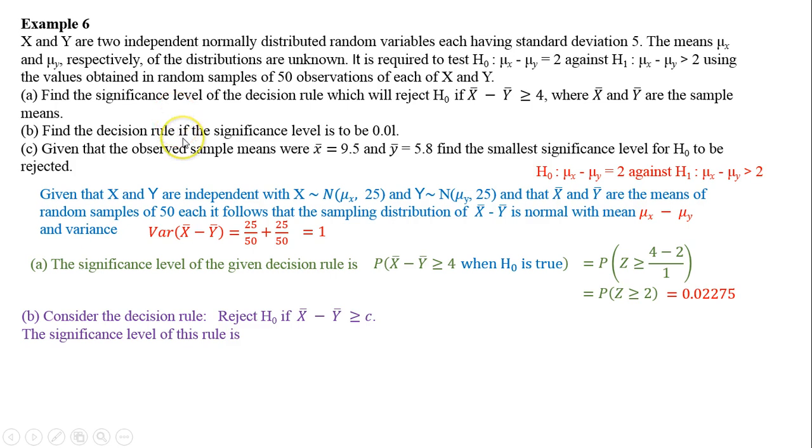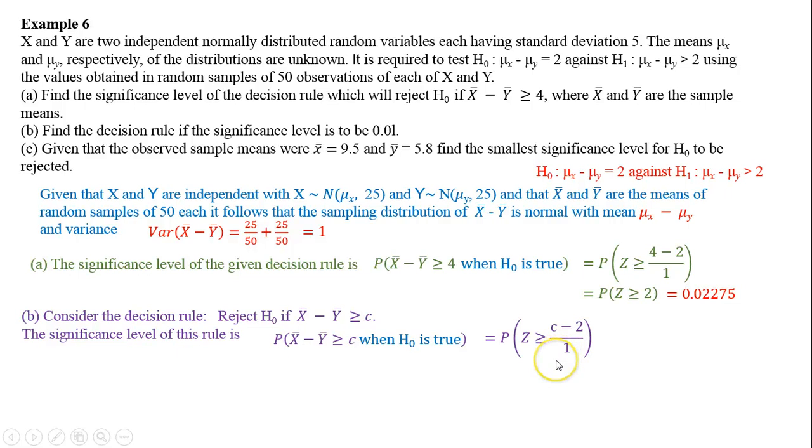Part B. Find the decision rule this time if the significance level is to be 0.01. So we need to specify a value, c say, a critical value, and the significance level of this rule is following the same pattern. So the probability of the difference in means being greater than or equal to c when H naught is true.